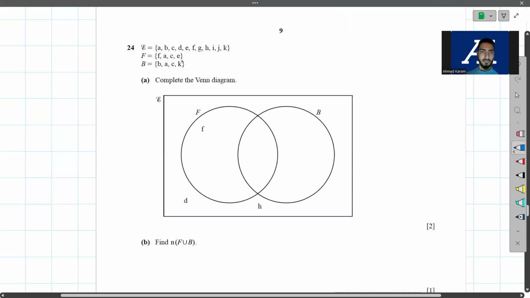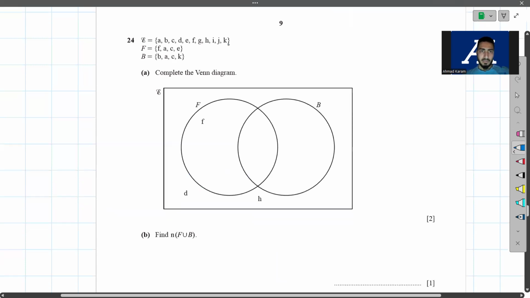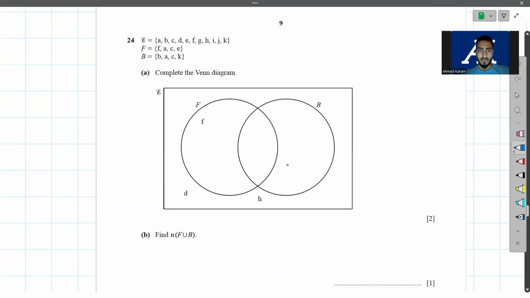Venn diagram, we have these letters in each set, the universal first, all the letters, and then face and back. So we can mark first the common between them, A and C. So let's start with this, A and C. And then here's F and E, and here's B and K. The remaining letters, we can mark them here.